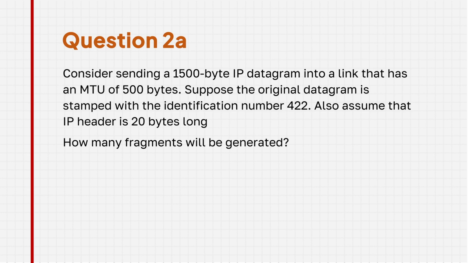Okay, so we divide this into 4 fragments. Why can't we divide this into 3? Because we need the header for each of them. So there's an additional 60 bytes. Exactly. So if you happen to divide this by 3, then you will get something around 490, right? If you add the 20 bytes header, this will become about 510, and this will exceed the MTU. So you have to divide this into 4 fragments. Okay? Yep, so this will be 4 fragments.